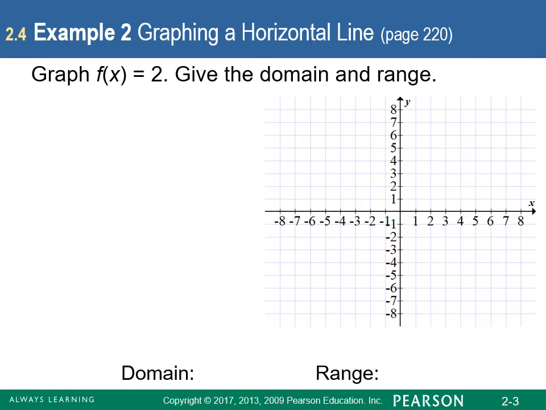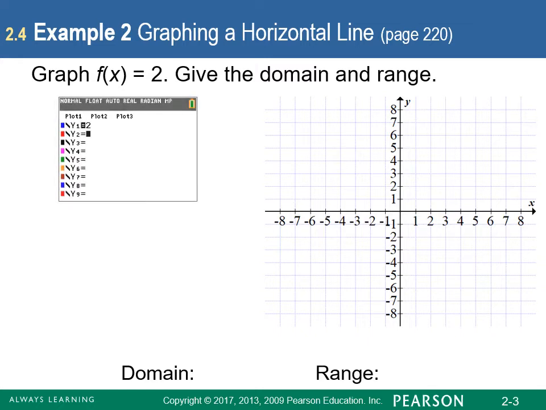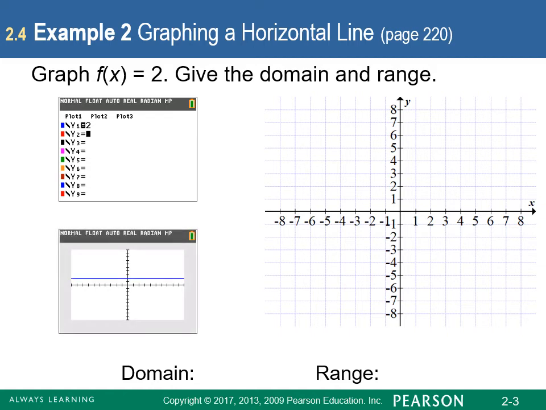The simplicity of this one actually makes it a little confusing. If you'll take your calculator, press the y equals, we just want to type a 2 out beside the y1. Then press the graph button, and we'll duplicate that graph over on our coordinate system.